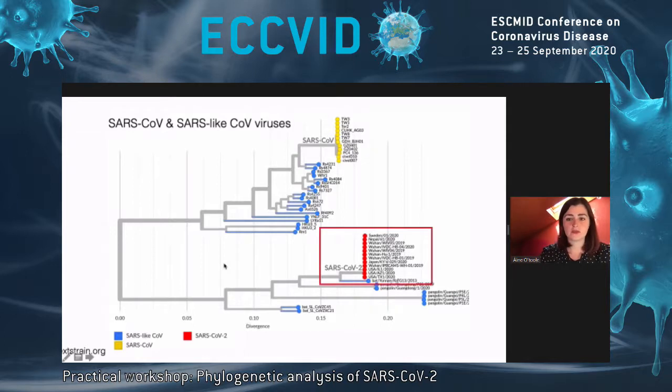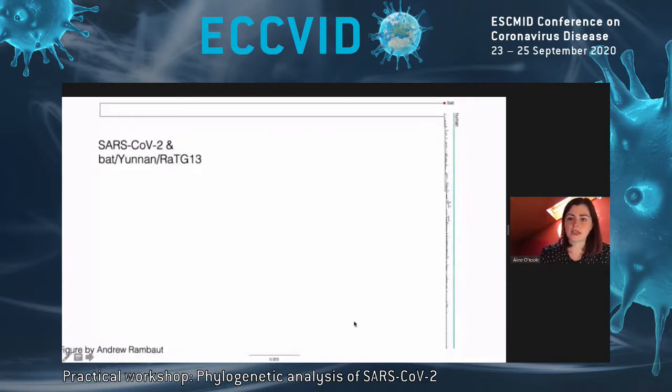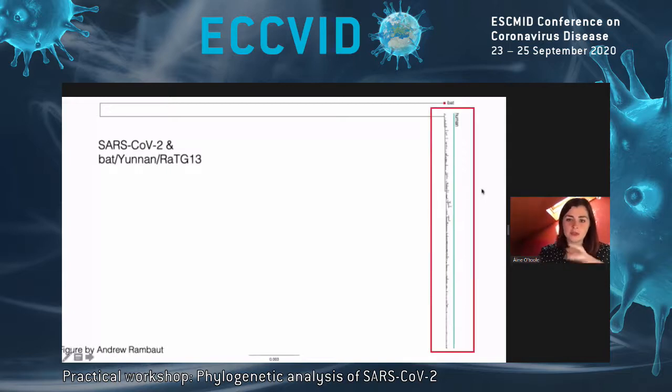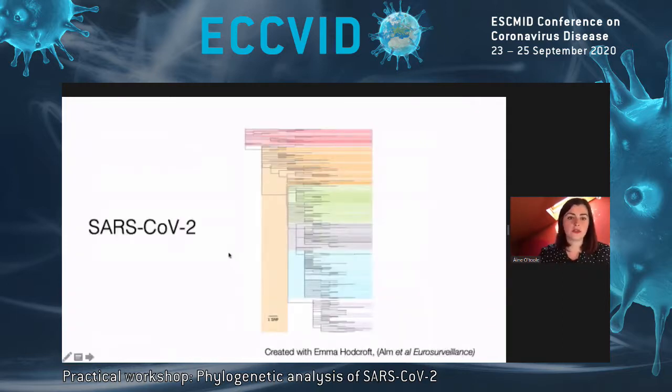Again, if we zoom just into our current pandemic and its closest known sequence, which is a bat virus, we can still see this striking long branch representing about 1,200 mutations. So it's only by zooming into just the SARS-CoV-2 pandemic sequences that we finally begin to resolve the diversity within the pandemic that we're working on right now.